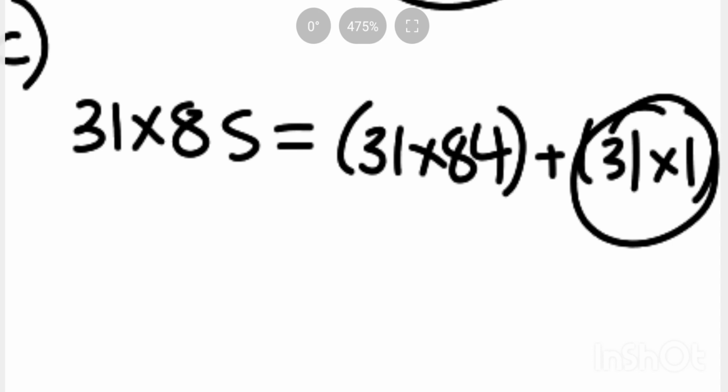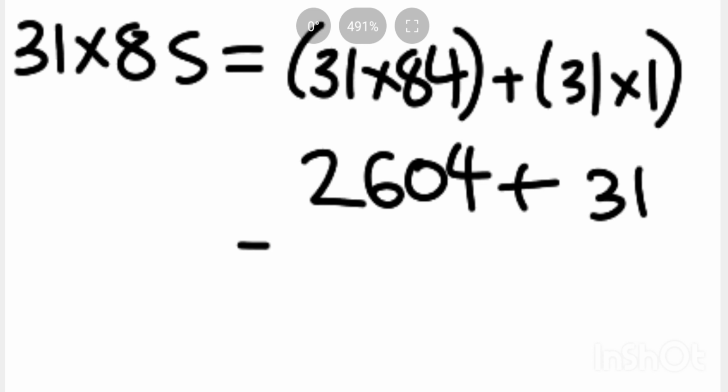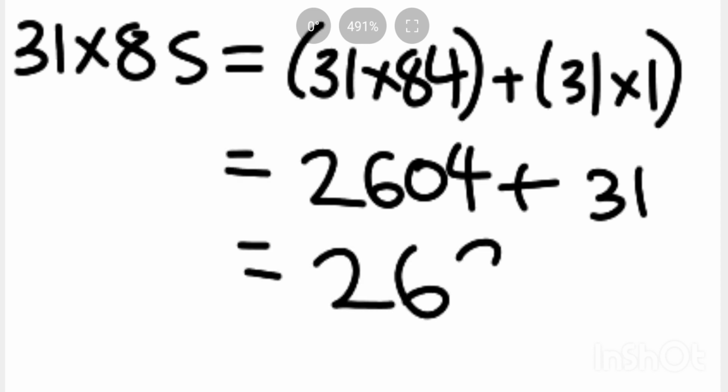So you have 85 lots of 31. We're given this as 2,604. 31 times 1 is 31. So we just need to add these two together. And then that gives us 2,635. And that's 15c.